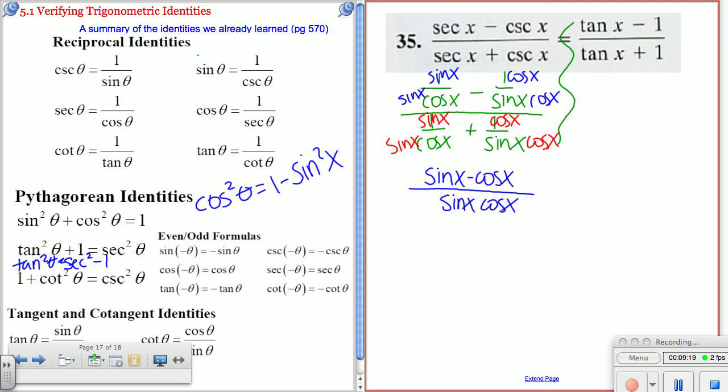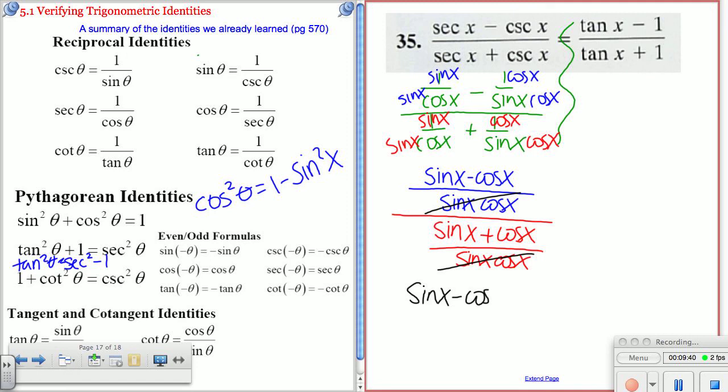So the denominator is going to be sine x plus cosine x all over sine x cosine x. It looks like those denominators are going to cancel, and I'm left with sine x minus cosine x all over sine x plus cosine x.